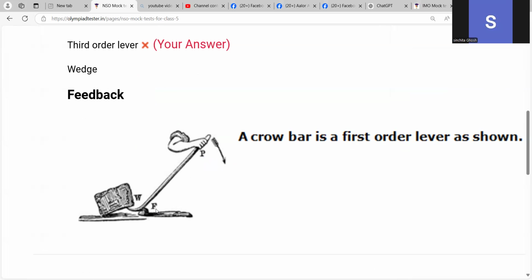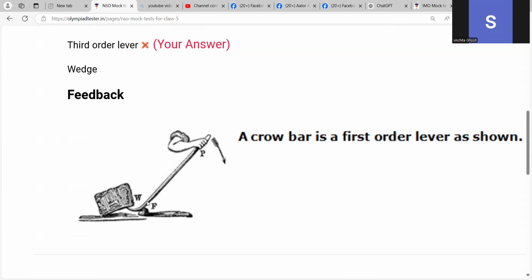And here, like W, W is the work. And P is what? Any idea? What is P in the first order lever? P is power or the pressure applied.